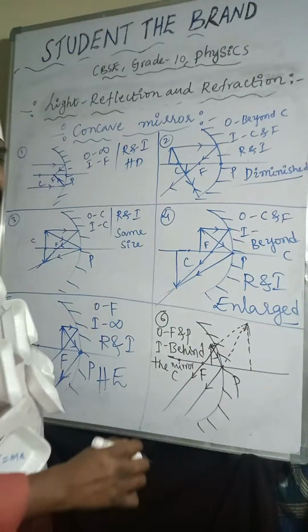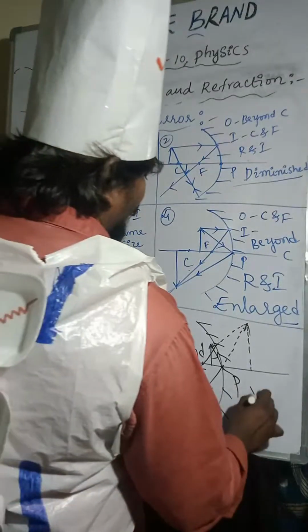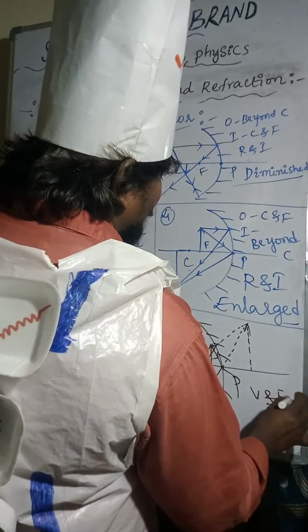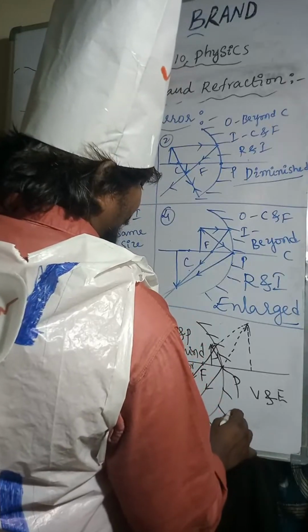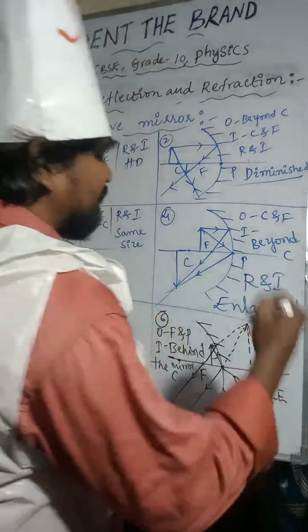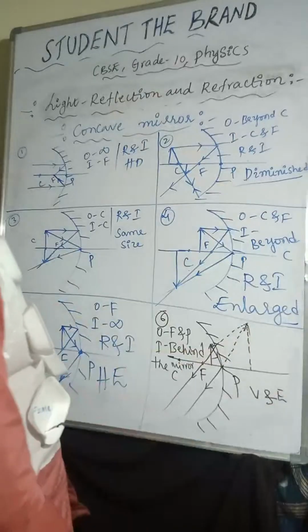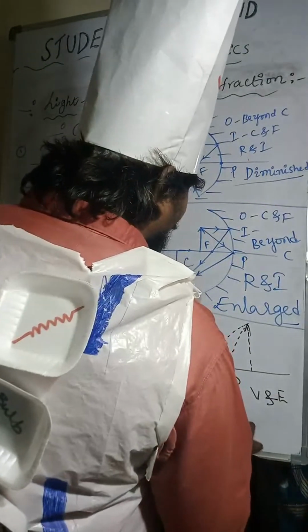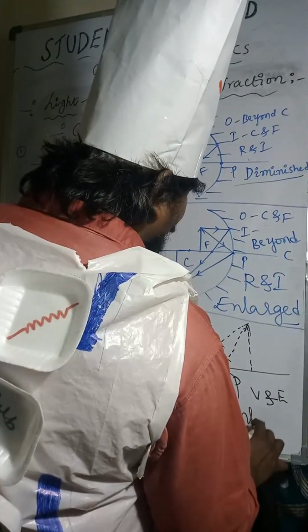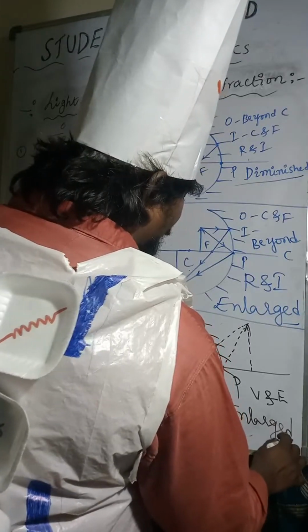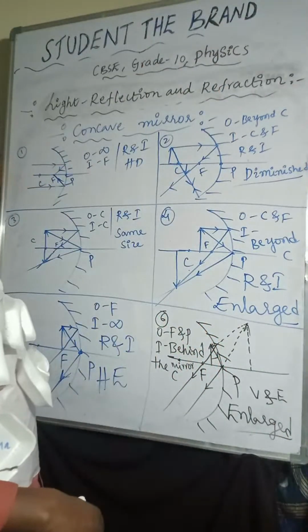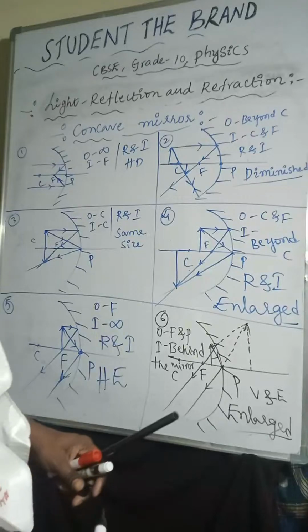What is the nature of the image? Nature of the image is virtual, erect, and size of the image is enlarged. Because why?